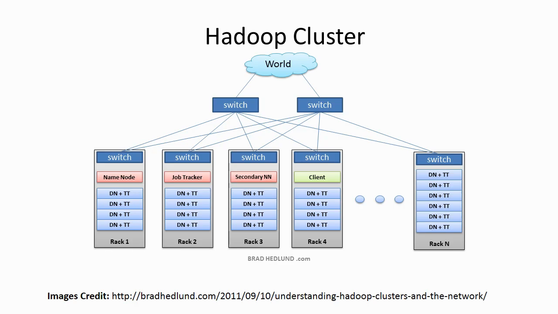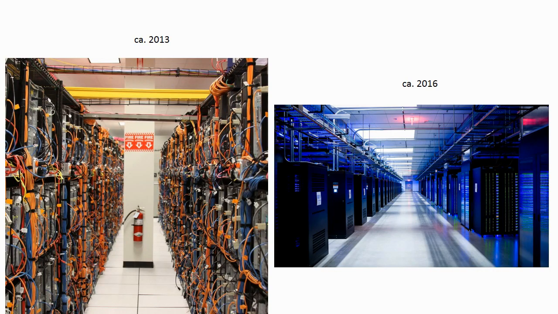Okay, and here are a couple of photos of data centers, one from around 2013, and you can actually see a lot of PCs hooked up together in racks, just steel racks. On the right side, you see a more modern data center.